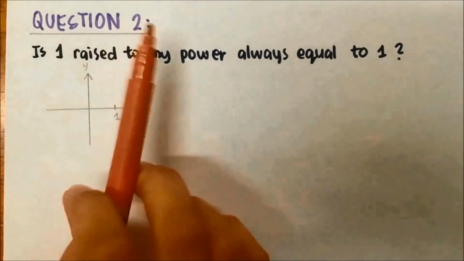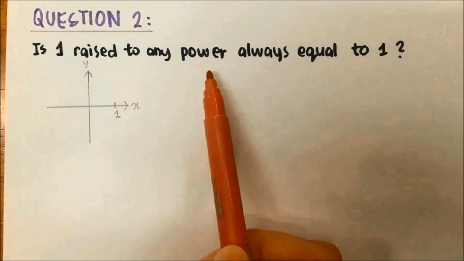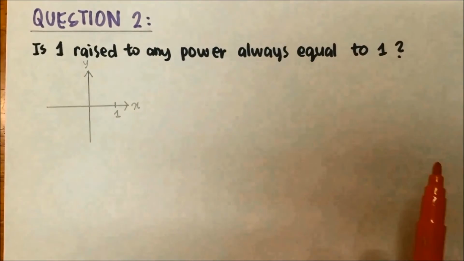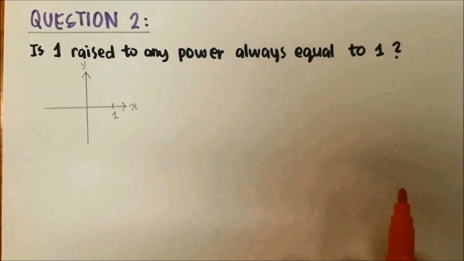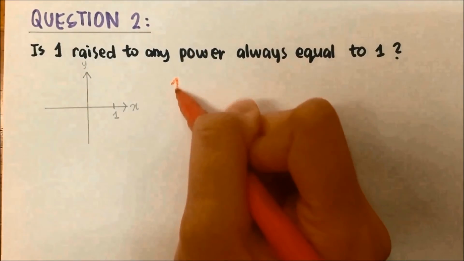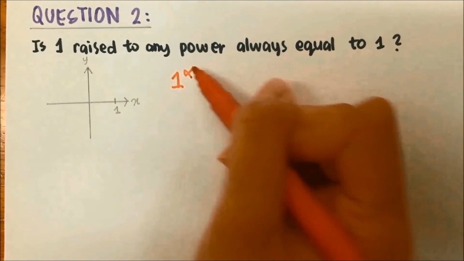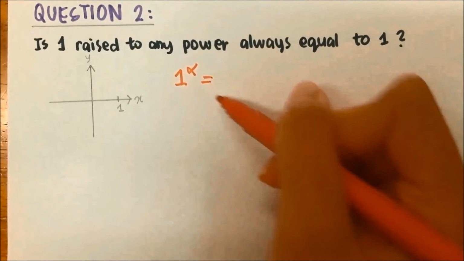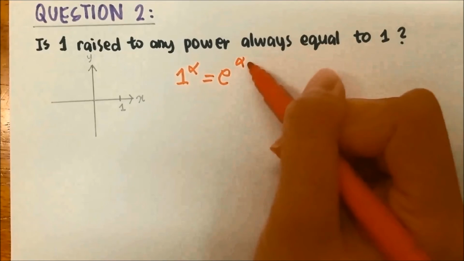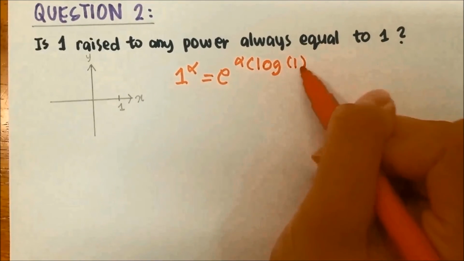For question 2, is 1 raised to any power always equal to 1? For solving this question, we write 1 raised to any power, let's say alpha. And we solve this, we get e to the power of alpha log 1.